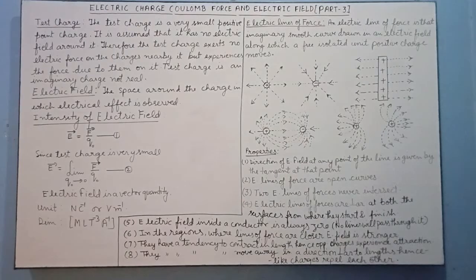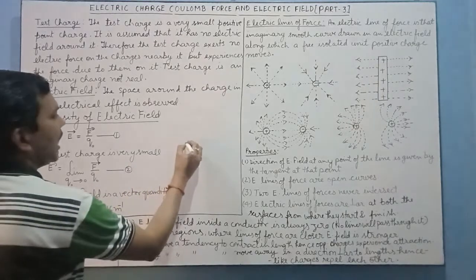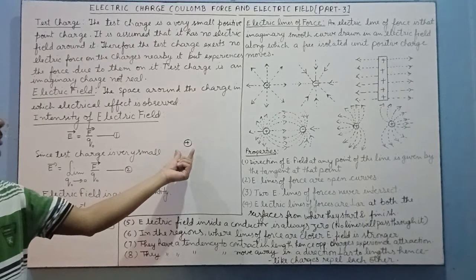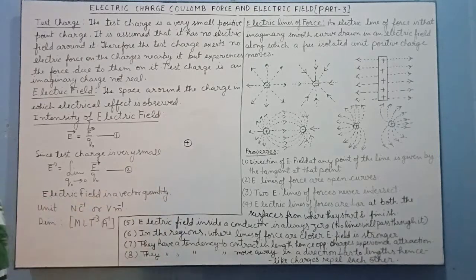Now next is electric lines of force. To obtain electric lines of force, I will consider a positive charge and we try to obtain the electric lines of force of this charge. So what will we do? We again use a test charge.